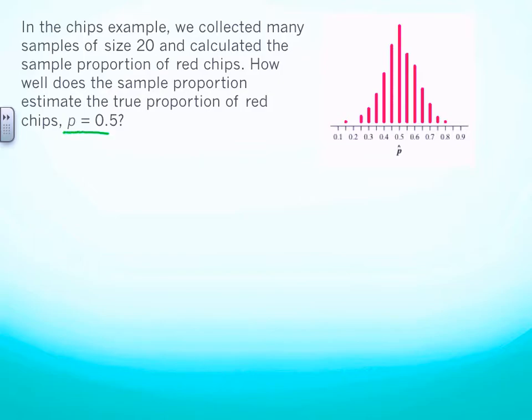So if our true proportion for a population is 0.5 and our graph is centered at about 0.5, that would make your proportion an unbiased estimator for your actual parameter value. And so in terms of using it to estimate your population, it would be a good estimator.